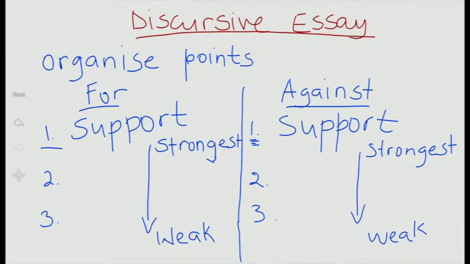All right, so organize your points such that the first one that you're going to discuss is a direct opposite, or directly contradicts the one that you've already mentioned for point 1 on the opposing side. All right, so that is very, very important that you do this, because it makes your argument very effective if you do it like that. It makes your argument very effective if you present one side and then directly oppose it immediately. All right, so it makes that you are arguing very effectively and convincingly.